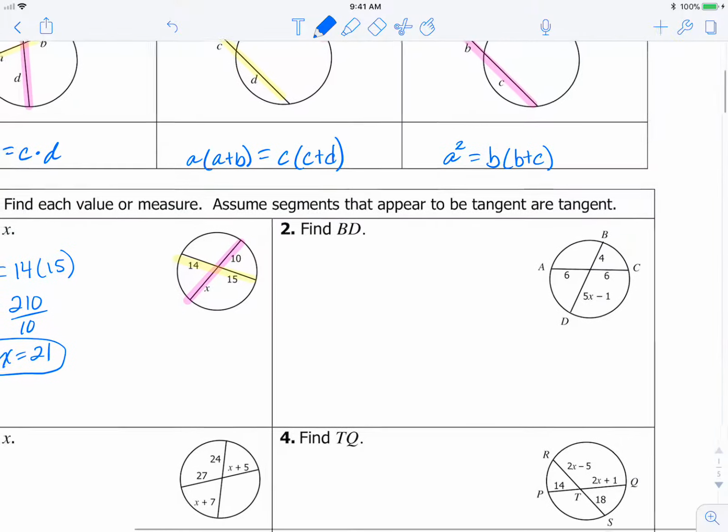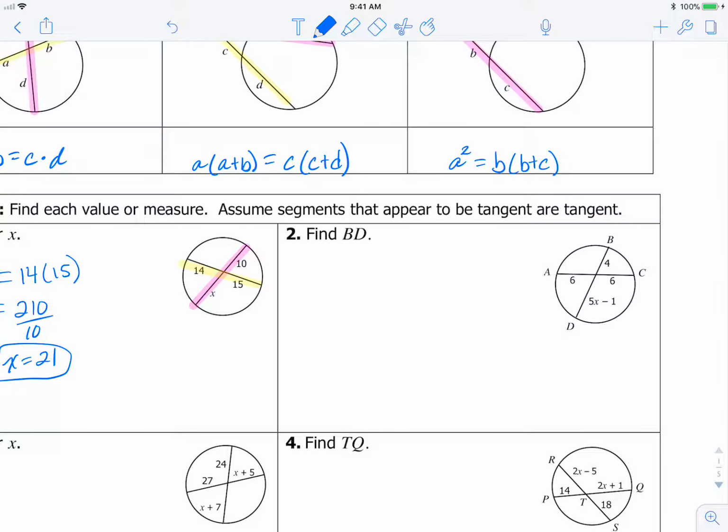On number 2 here, same idea. We've got our two chords intersecting inside the circle. BD and AC are my chords, so we're multiplying them together. We're finding the measure of BD. So what are we going to do? We're going to have 6 times 6 equals 4 times 5x minus 1.